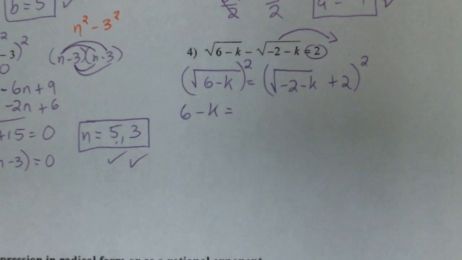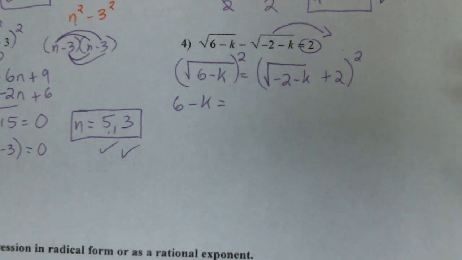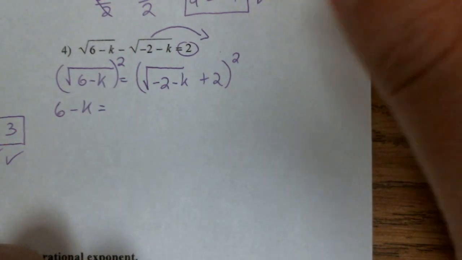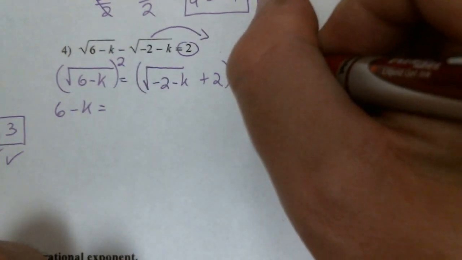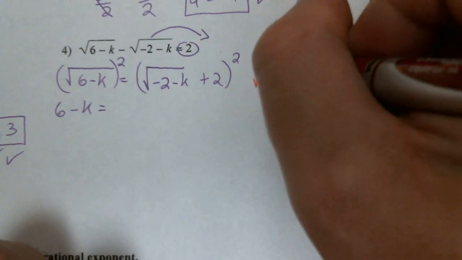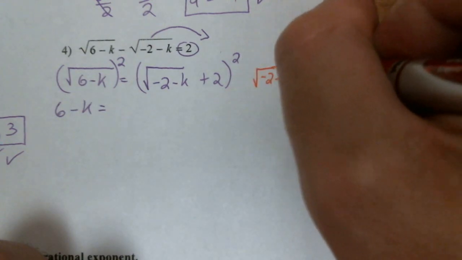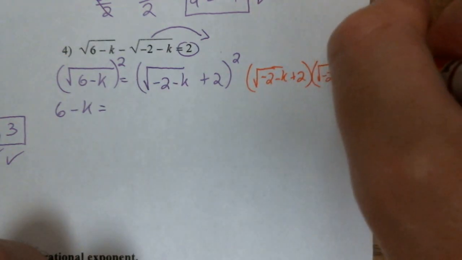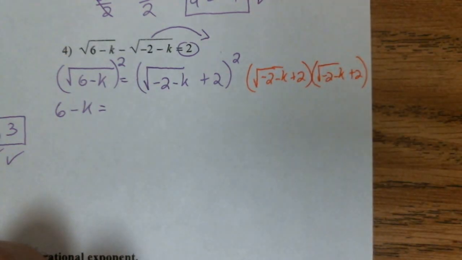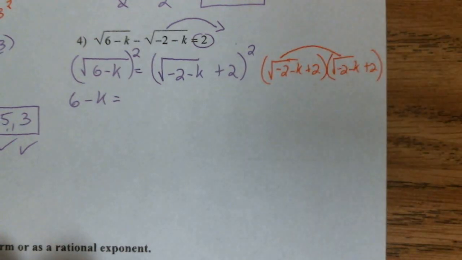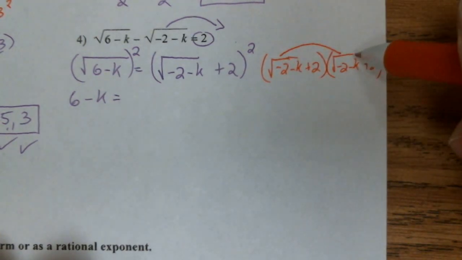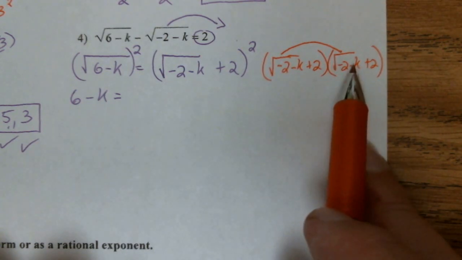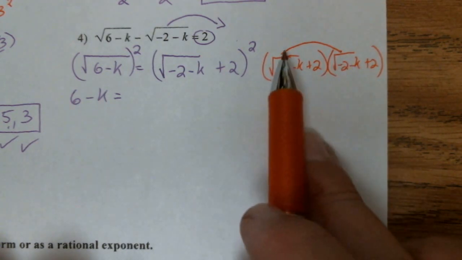Maybe I should come over here to the side, maybe do this in, let's do an orange. So we've got square root of negative 2 minus k plus 2 times another square root of negative 2 minus k plus 2. Okay, so when I FOIL first times first, when I multiply the square root of negative 2 minus k times the square root of negative 2 minus k, that's basically the same thing as squaring this.